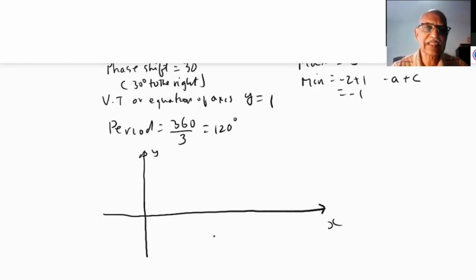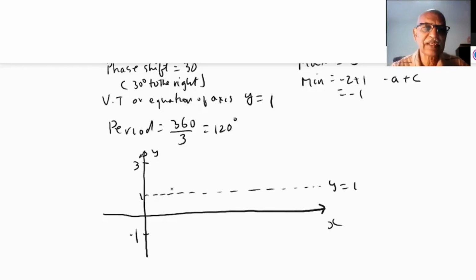First of all, my maximum is 3, my minimum is negative 1, so the graph will be between negative 1 and 3. The middle line will be y equals 1. This will be my new axis, which is c. So now the graph will be in between these two.